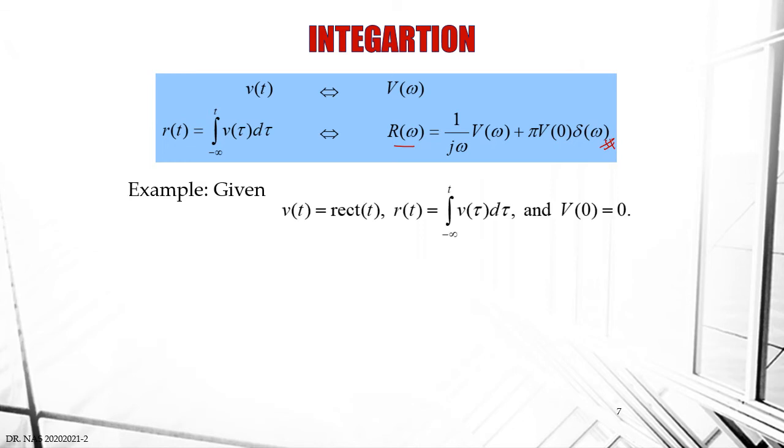Given v(t) equal to rectangular t, you need to find what is your V omega. When you have a rectangular function, the output will be a sinc function. The basic equation: a rectangular (t over tau) produces a tau sinc of (omega tau over 2).